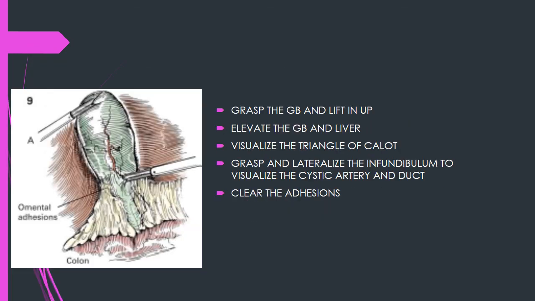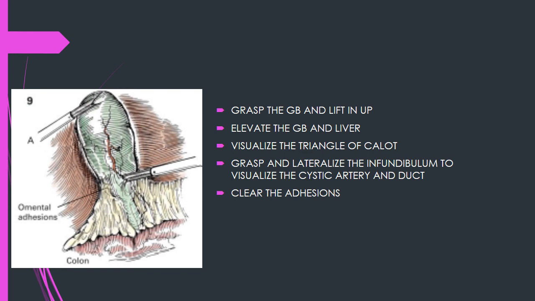Once you're inside, you take the lateralmost port, put in a grasper, grasp the fundus of the gallbladder, and move the gallbladder upwards and laterally towards the right shoulder of the patient. Having done so, get your camera close by and try to visualize the junction of the neck and the cystic duct.